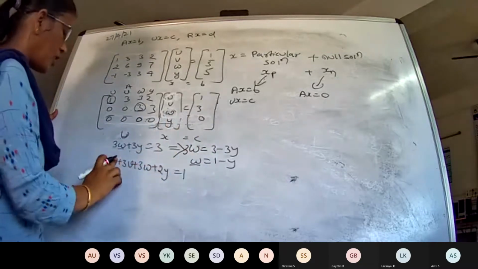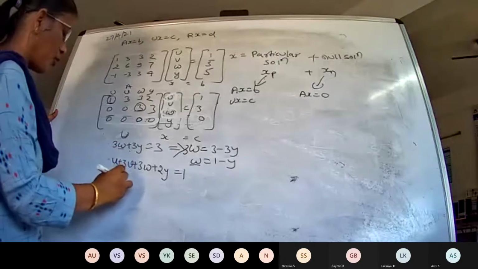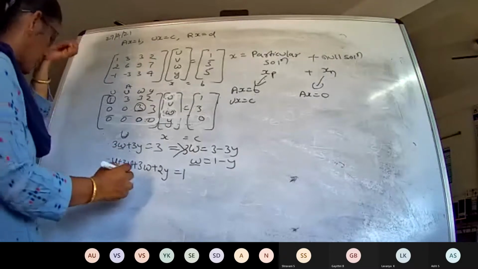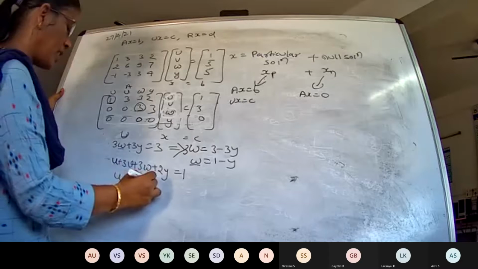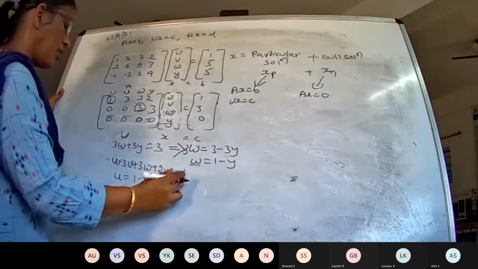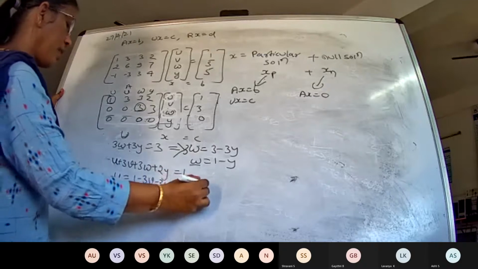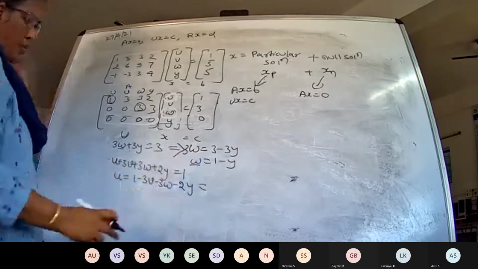So from this, what is the pivot variable? U is the pivot variable, so I will be writing it in terms of U. U equals 1 minus 3V minus 3W minus 2Y.